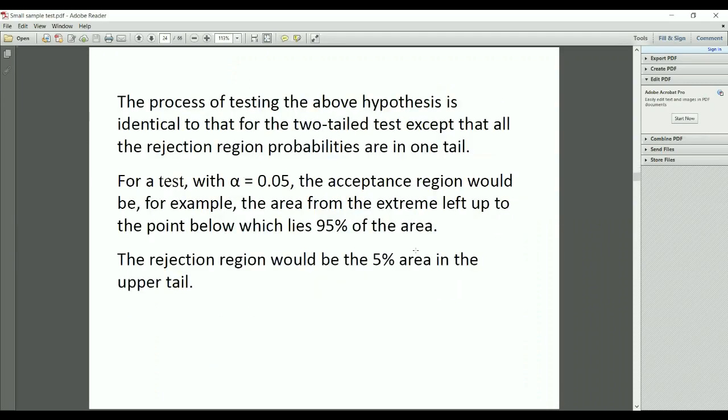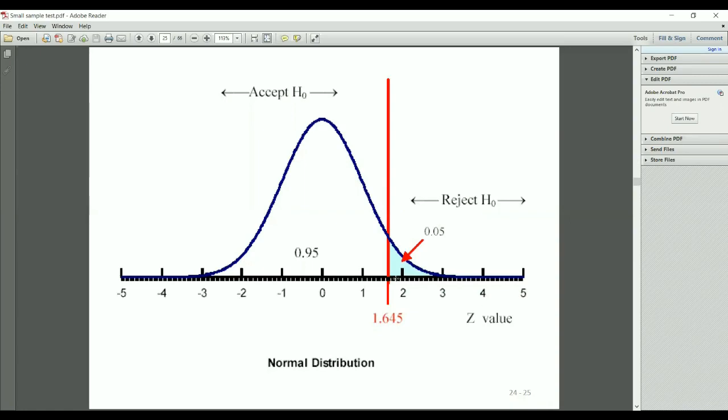So we are rejecting this area, we are accepting this area. Here we are not dividing into 0.025 and 0.025 because this is a one tail area we are finding. So this value 0.05 in the normal distribution table is the Z value 1.645.